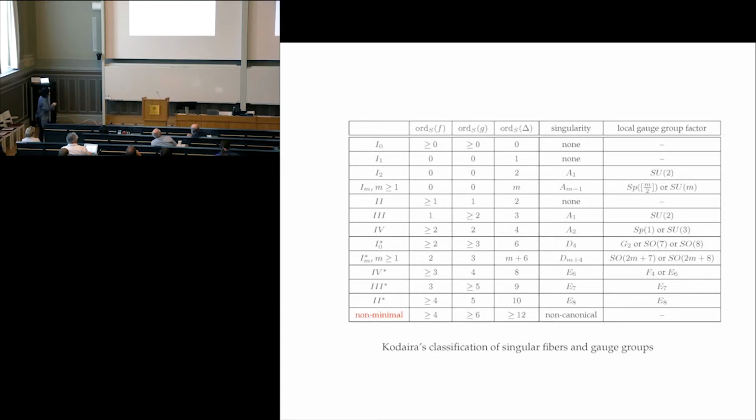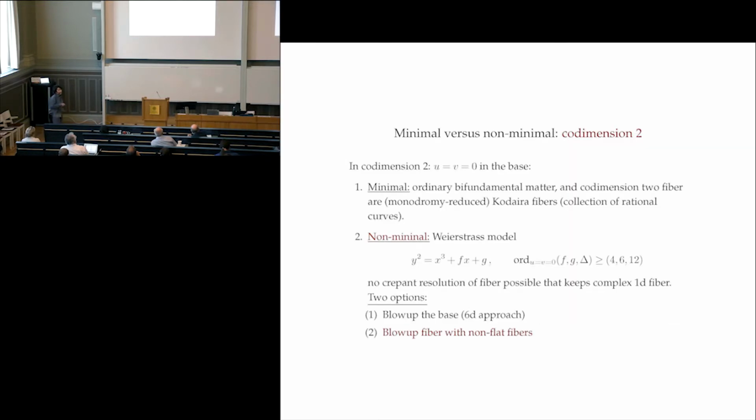So I highlighted here at the bottom this case when f, g, and delta vanish to order 4, 6, 12, or higher, and those are the loci where the fiber becomes non-minimal. And in codimension 1, we will exclude these things. But it's interesting to now look at this in codimension 2, where we'll start including such singularities.